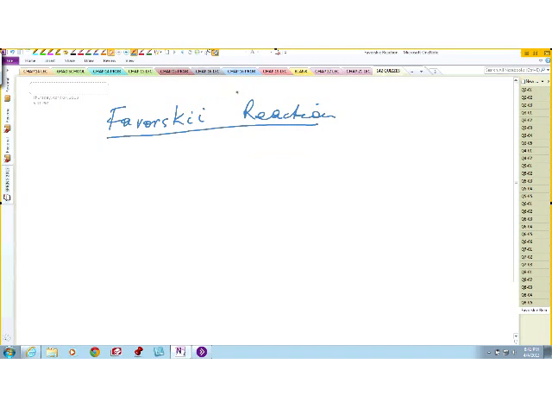So anyway, the Favorskii reaction. Now, in this particular reaction, anytime you have a cyclic ketone in which you have a bromine or chlorine or iodine attached to the alpha carbon, say like here, and if you add hydroxide, you are also going to get a ring contraction, in which this time you get a 5-member ring.